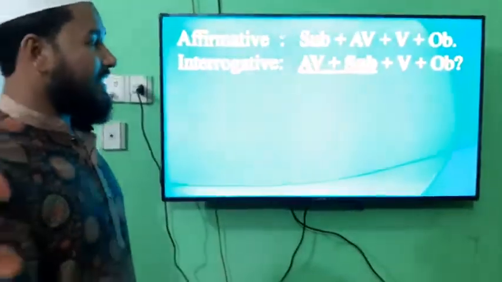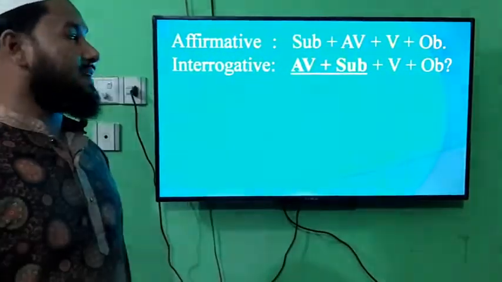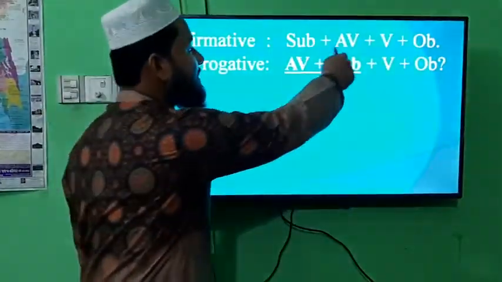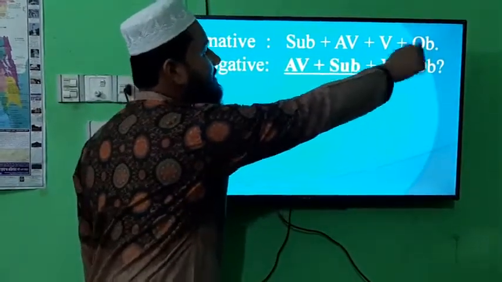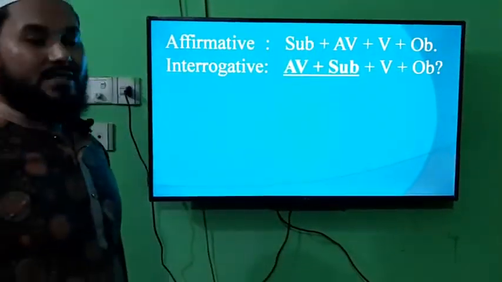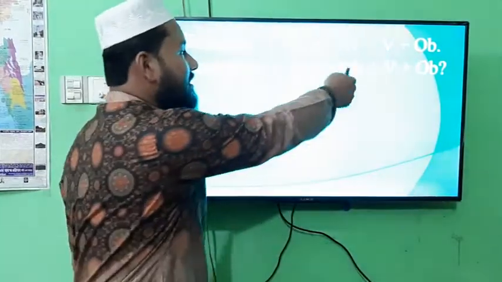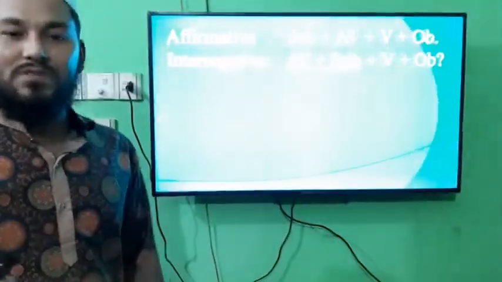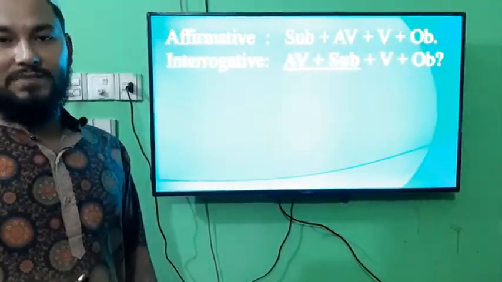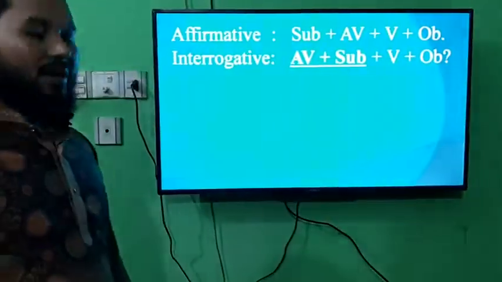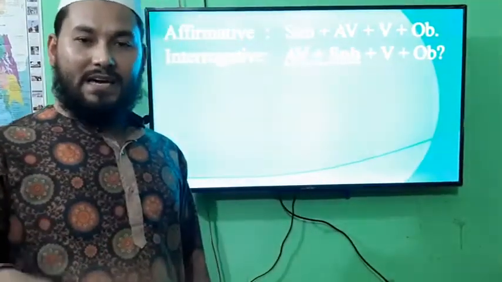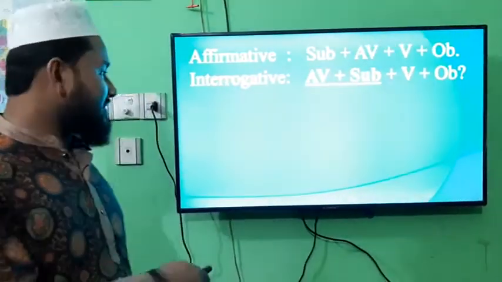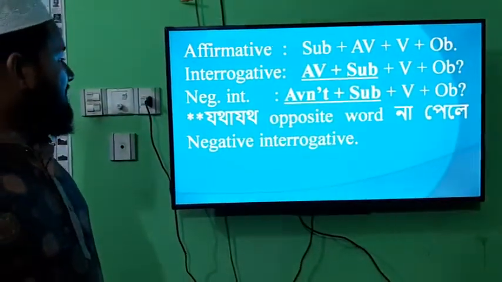If you think about that, the other parts of the sentence, subject, verb and object, they are in the same order. Just the auxiliary verb comes before the subject. That time the sentence will turn into interrogative.